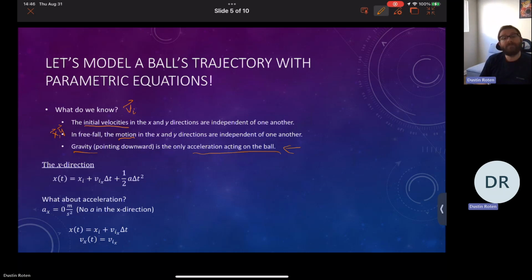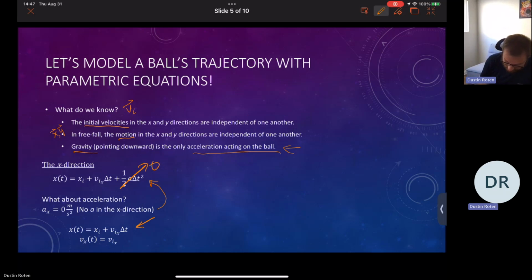So we can actually simplify our expression here for the horizontal position of an object. So let's utilize this fact that the acceleration is 0. This term goes away. And then we're just left with this simplified expression: your initial position x, plus velocity times time.